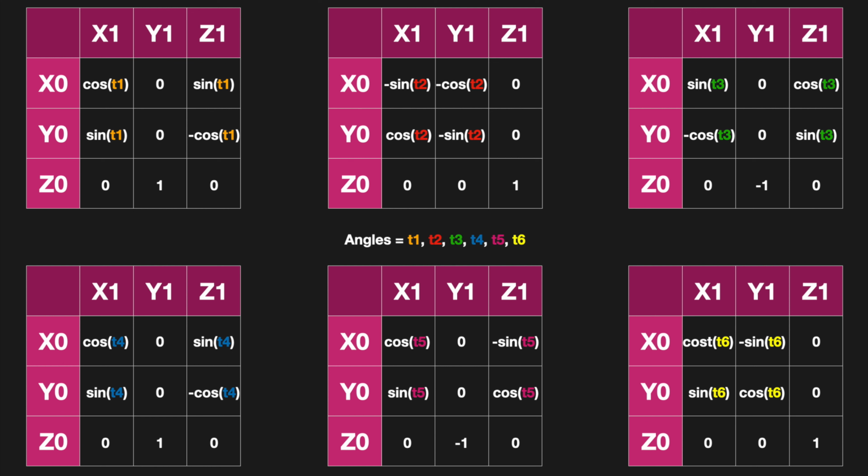What we have is a method to get the final rotation of the end effector of our robotic arm. How do we do that? It's actually pretty simple. We take each of these rotation matrices, we plug in our theta angle for each one, and we dot multiply them together. So we would take the first 2 and multiply them together. We'd take the next 2 and multiply them together, and the last 2 and multiply them together. And then we could multiply the results of those all together. And finally, we'll end up with the actual end rotation of the end effector.